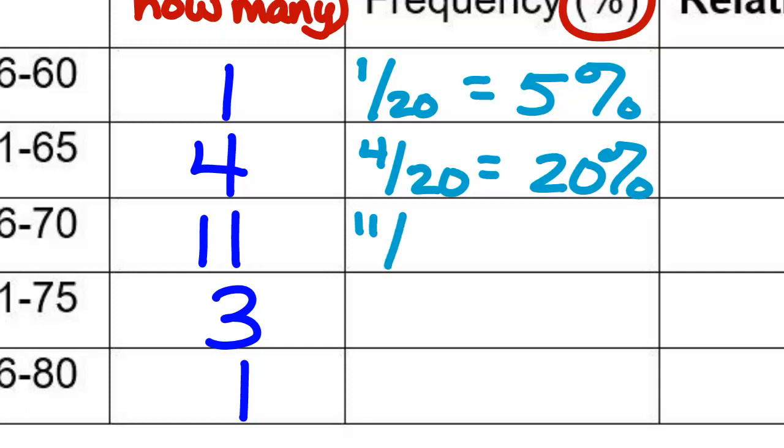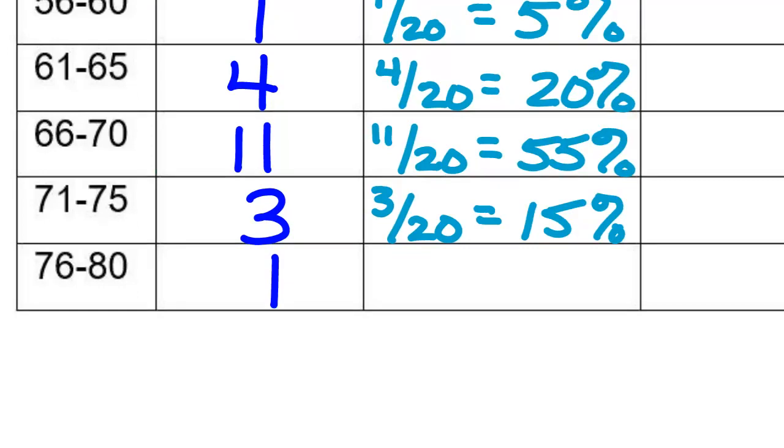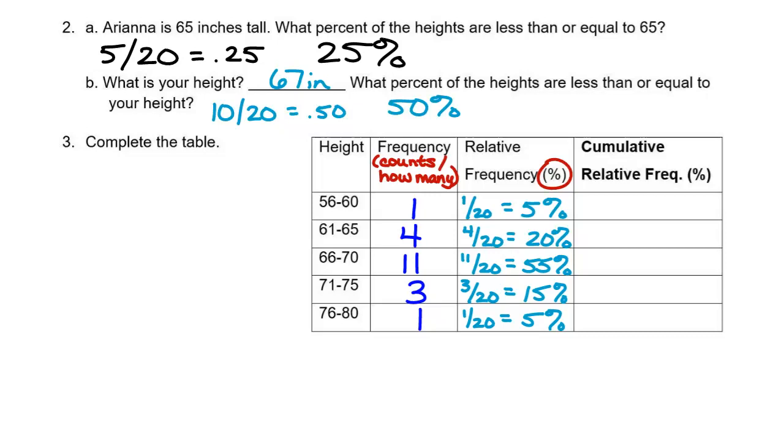And then 11 out of 20, 55%. 3 out of 20, 15%. And then we've already done 1 out of 20. That was 5%. What do you think happens if we add all those percents up? It adds up to 100%. If I include all of the dots, I've got 100% of the students, right?